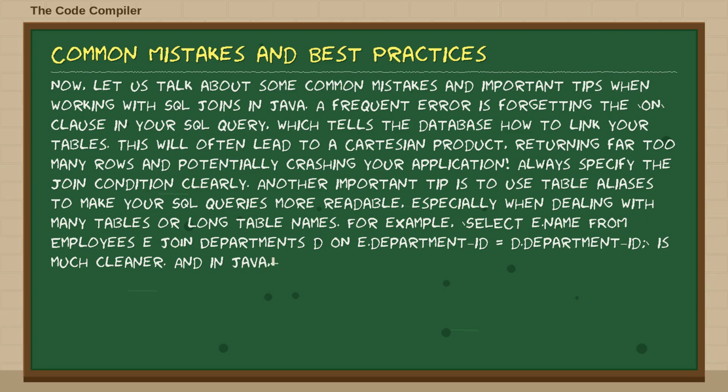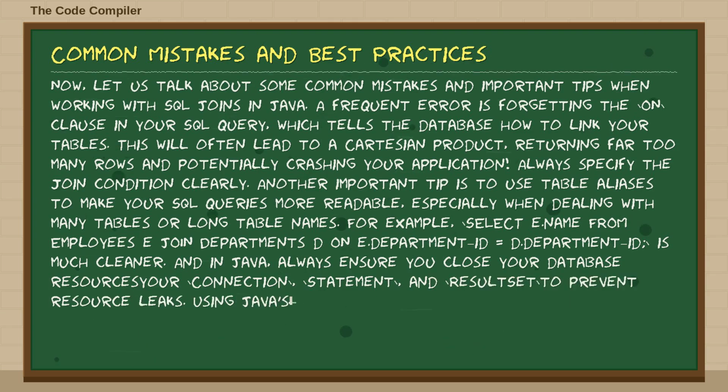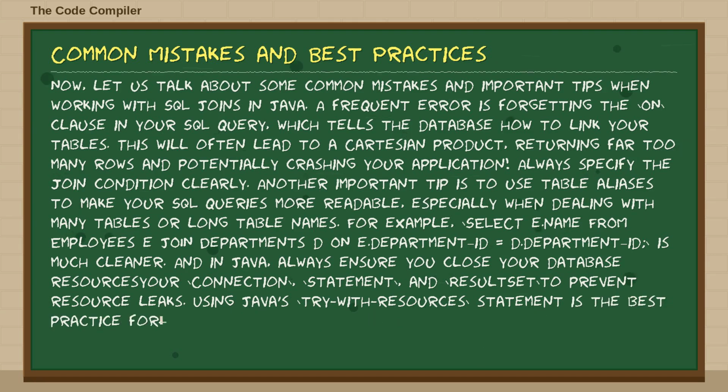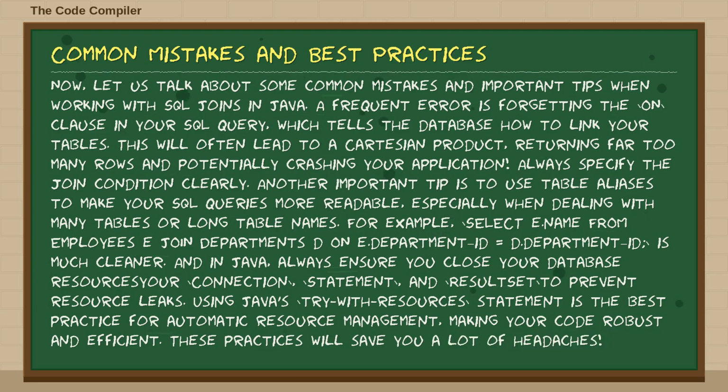And in Java, always ensure you close your database resources, your connection, statement, and result set, to prevent resource leaks. Using Java's try-with-resources statement is the best practice for automatic resource management, making your code robust and efficient. These practices will save you a lot of headaches.